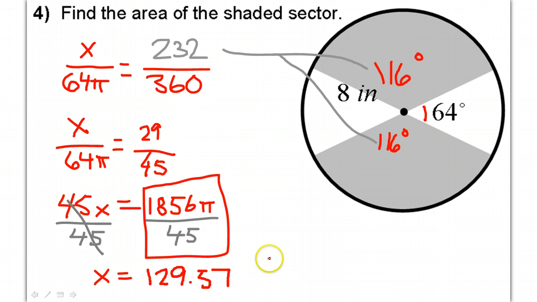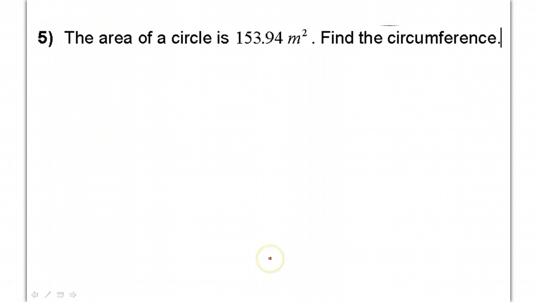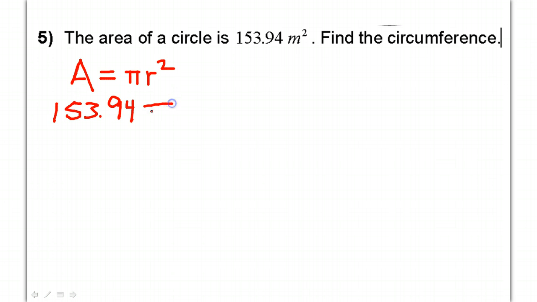All right, that's how you do number 4. Actually, number 5. The area of the circle is this. Find the circumference. If they give you the area, you should start off by writing the area formula. So they gave us the area, 153.94.